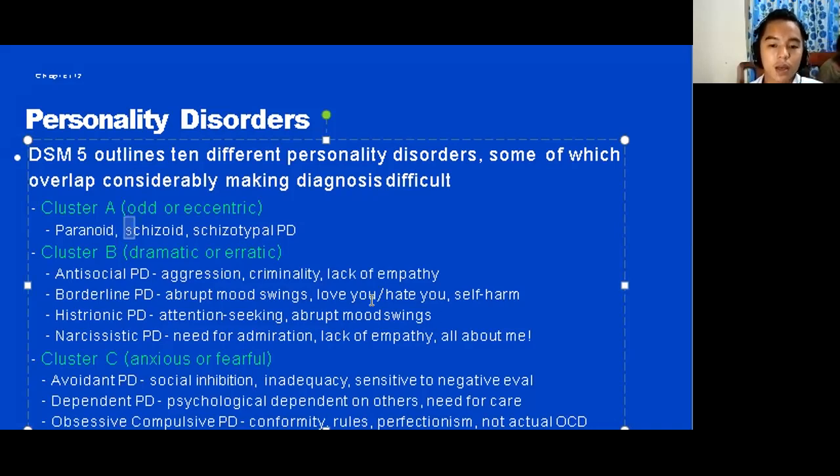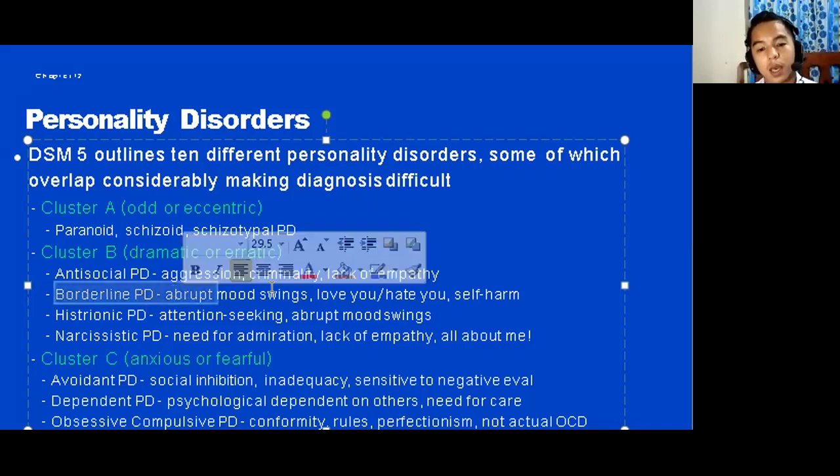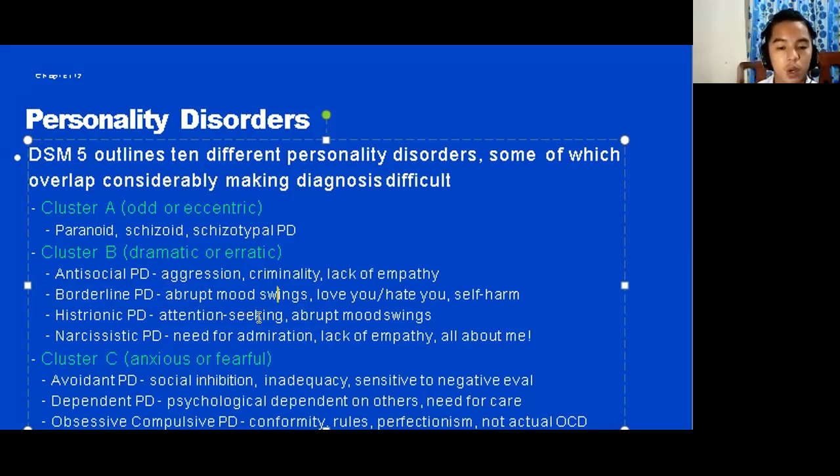in which there is the antisocial personality disorder, which is characterized by aggression, criminality, or lack of empathy. Next is the borderline personality disorder, which is characterized by abrupt mood swings, a love you or hate you situation, and self harm. Borderline personality disorder is commonly found in women. Histrionic personality disorder is characterized by attention seeking and abrupt mood swings.